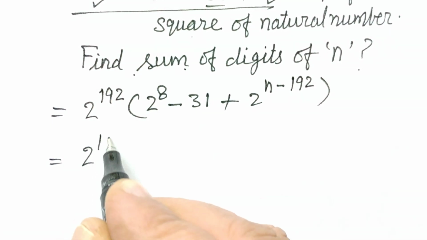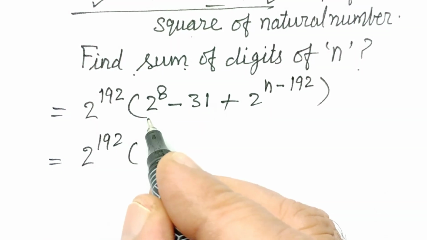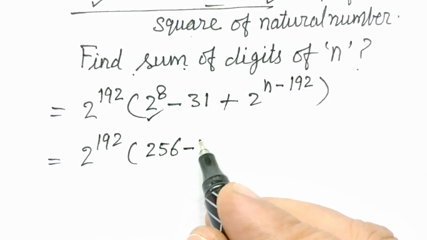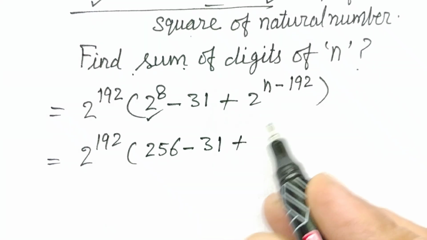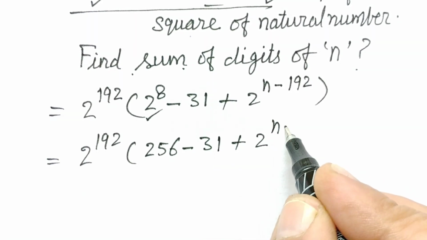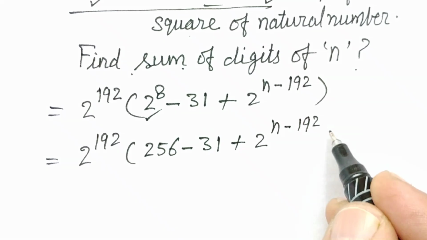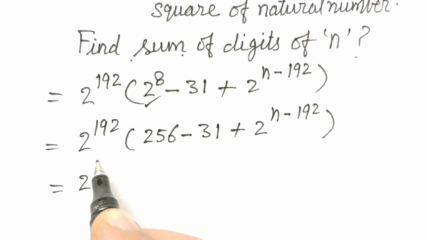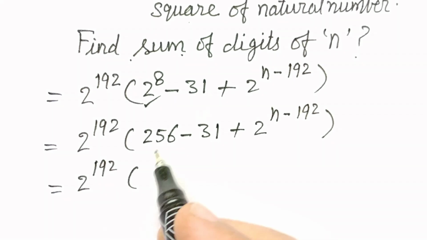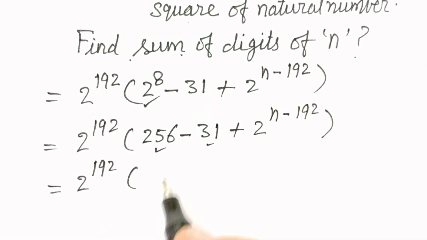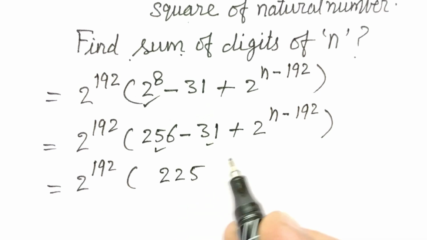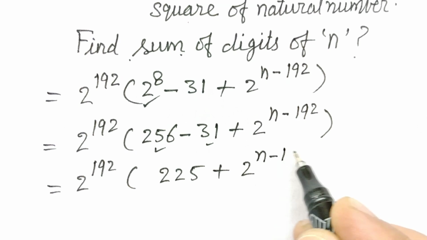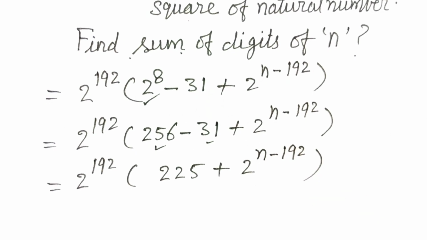Now 2 to the power 192, 2 to the power 8 is 256 minus 31 plus 2 to the power n minus 192, right? Now 2 to the power 192, and this minus this is 225 plus 2 to the power n minus 192, right?